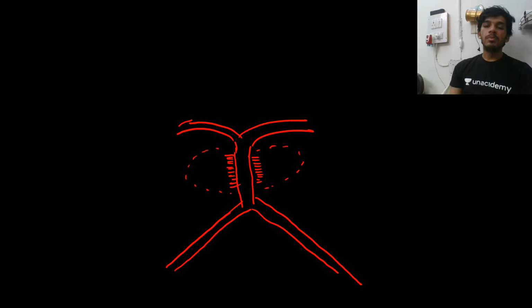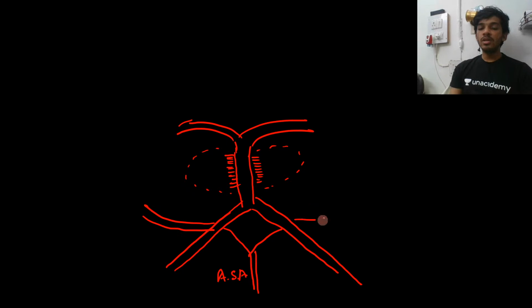Now which branches remain? First, these vertebral arteries each give a branch that joins to form the anterior spinal artery. The vertebral arteries also give a branch known as the posterior inferior cerebellar artery, commonly known as PICA.